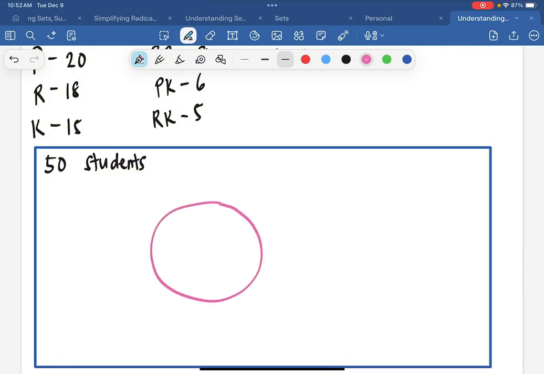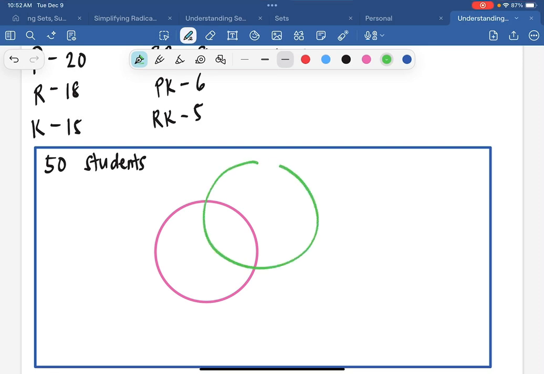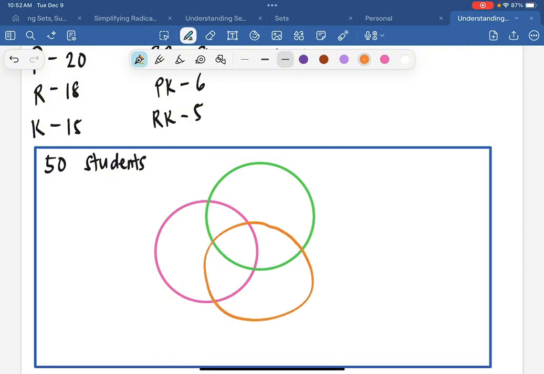So this is how our Venn diagram would look like. Okay, so let's label first. This would be our pop here, our rock, and our K-pop.